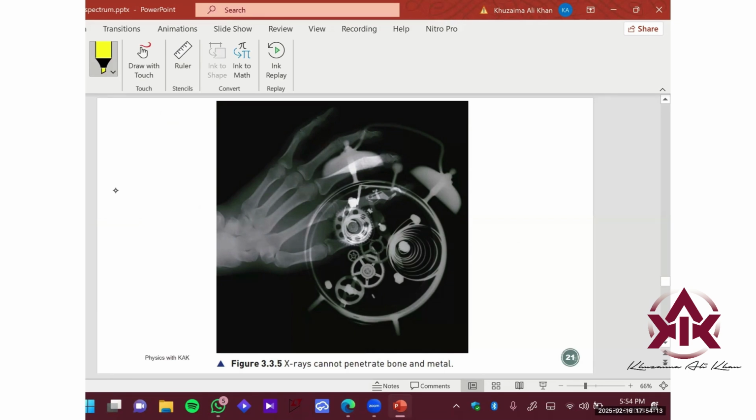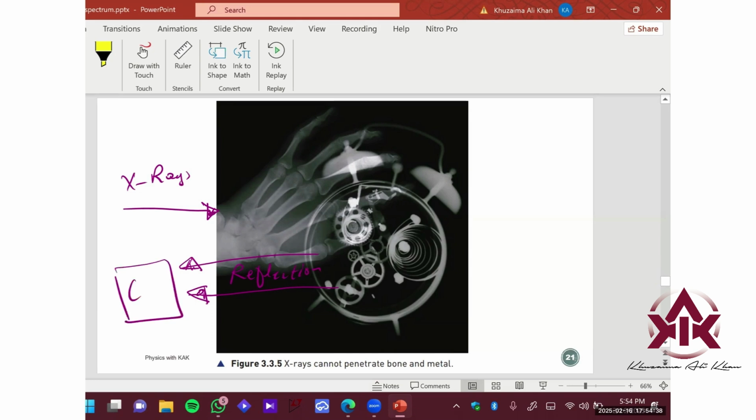What happens if you do X-rays here, the X-ray goes through your muscles easily. This is the sending of X-ray here, right? And this reflects back. Similarly if it hits the metal, it reflects back, right? So this is reflection which is taking place here, and it goes to your camera that is fixed in your X-ray machine, which captures the details here, right?